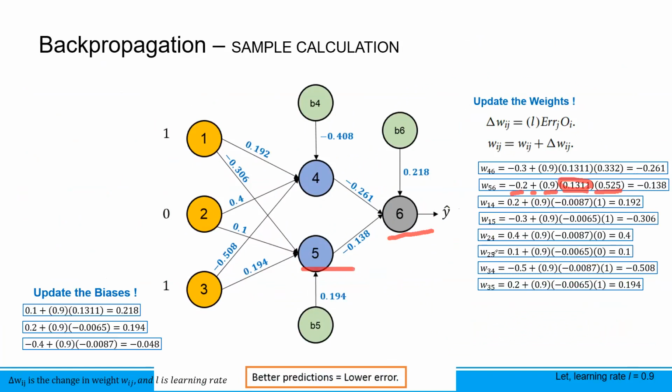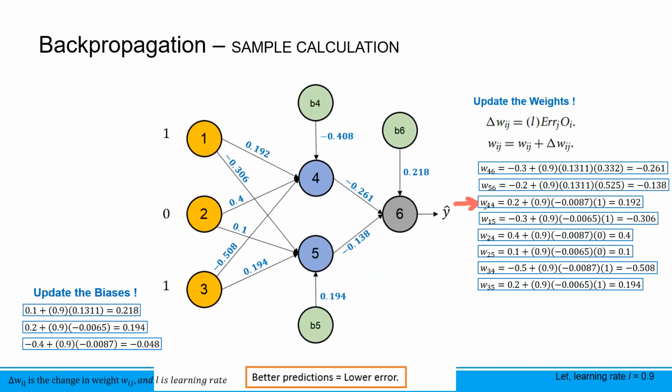So in this case, in the unit 5. So the result is minus 0.138, and we put this here. Okay. Now, we also have another, let's say I can try only one more.